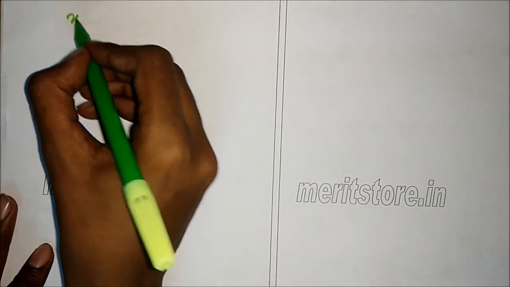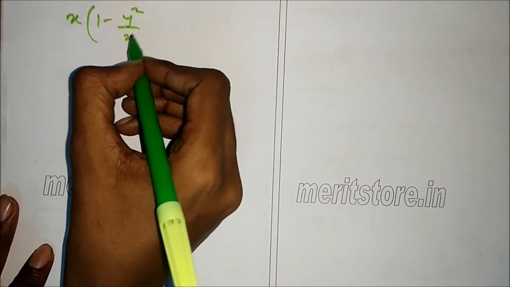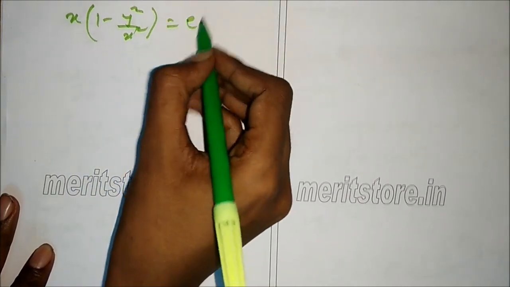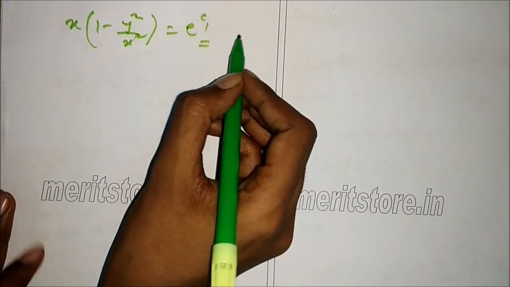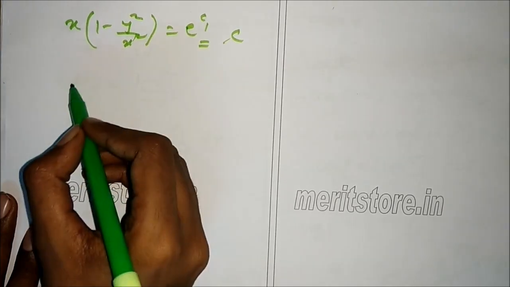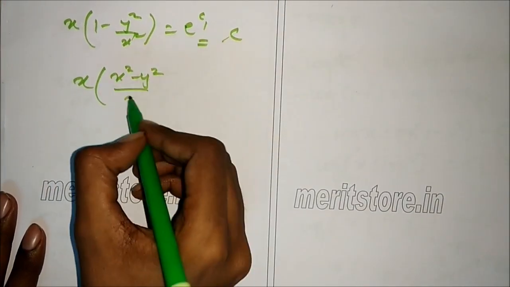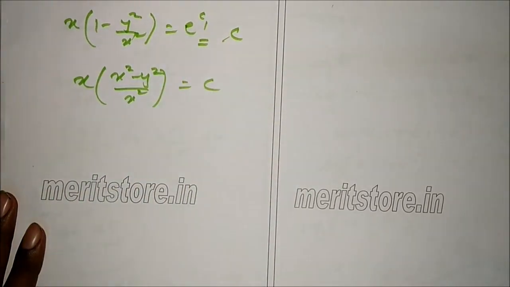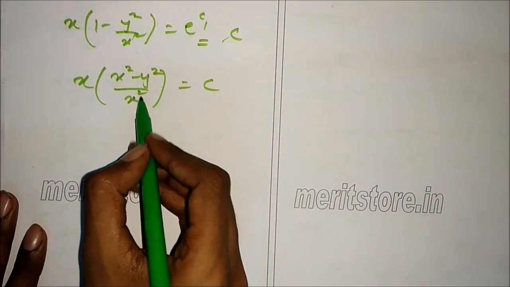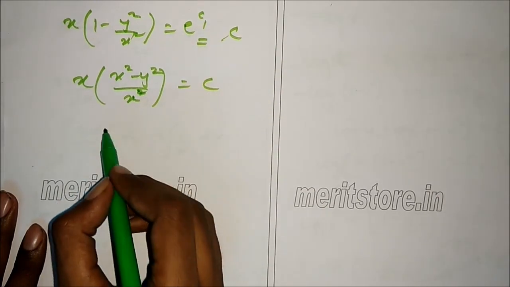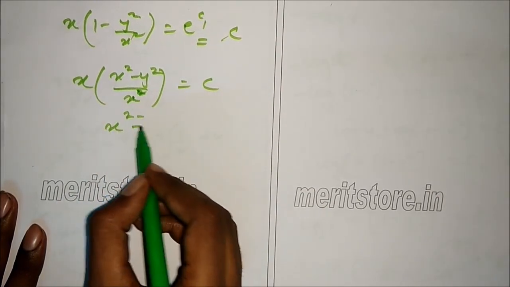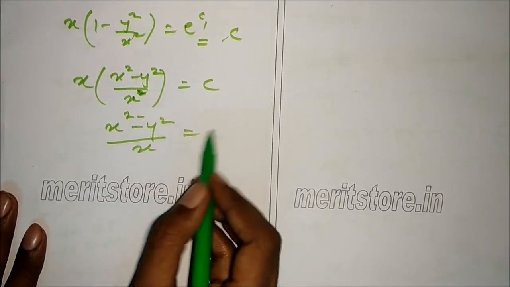So we got x into (1 minus y square by x square) equals e raised to c1, which is equal to c. Simplifying this, we got x into (x square minus y square) by x square equals c. So x gets cancelled. We get (x square minus y square) upon x equals c.